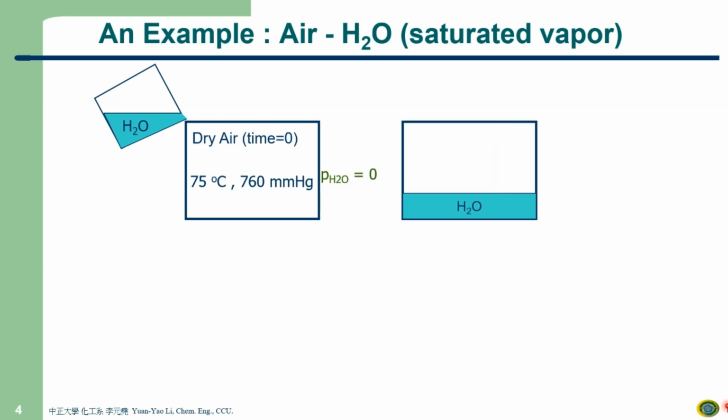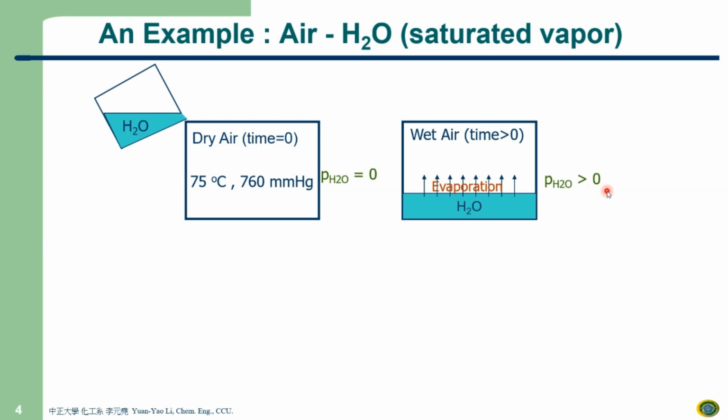You have water, of course. And then you will have vapor, because at 75 Celsius you will have a lot of water vapor in the gas phase. So the vapor pressure of water will be larger than 0. That's for sure, right?